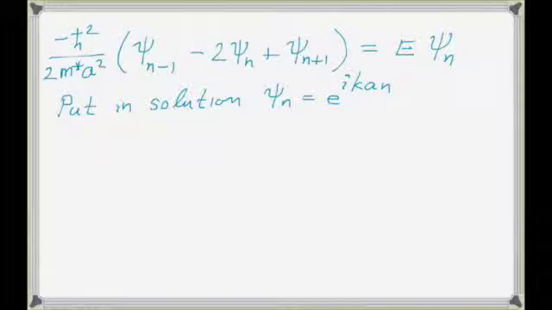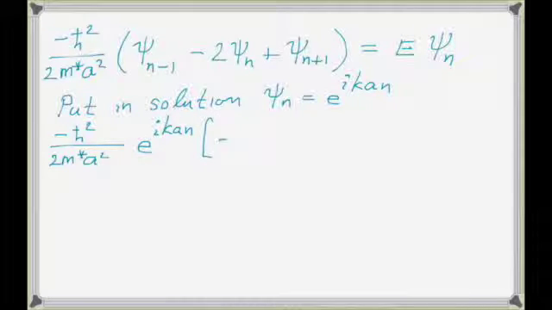And so if I put this form for psi into the equation above it, I'm going to get minus h bar squared over 2 m star a squared times, I'll immediately factor out, as we did before, the common e to the i k a n term.